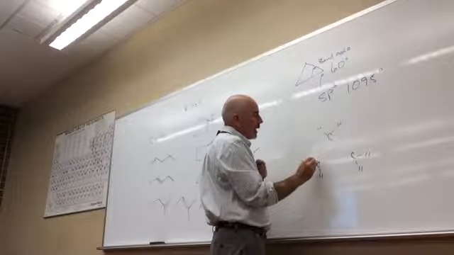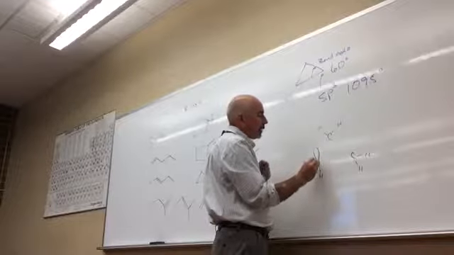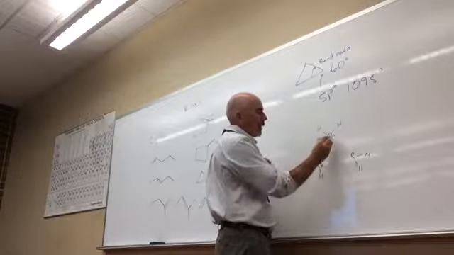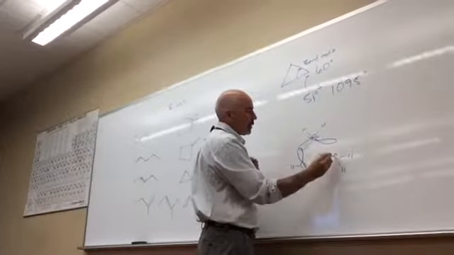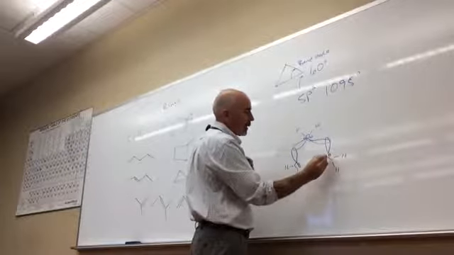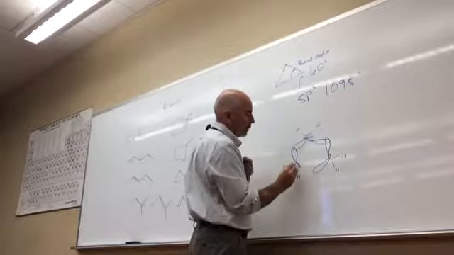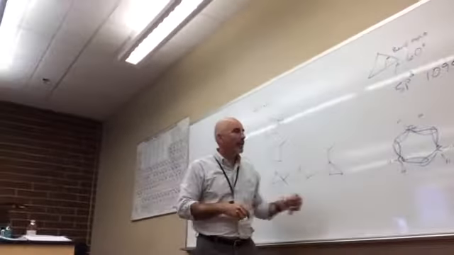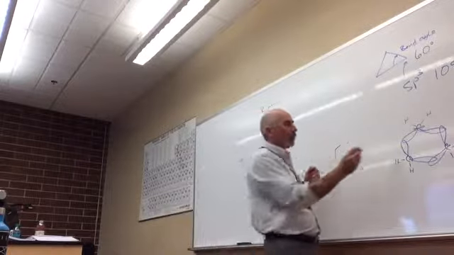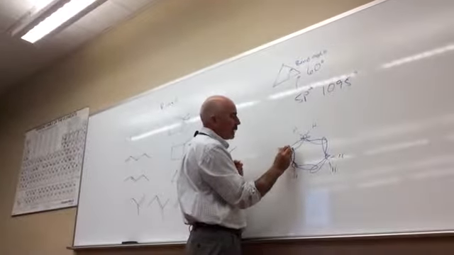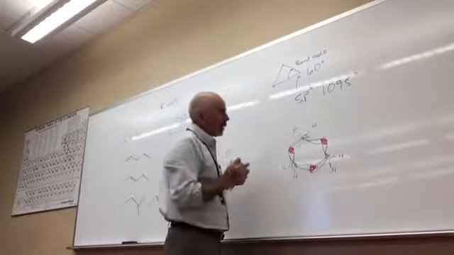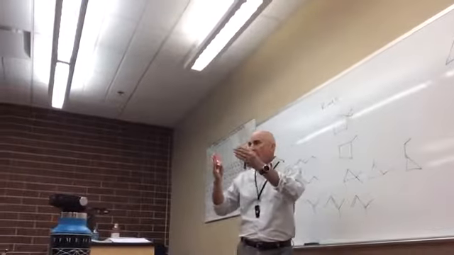But if I put them out like this, in my great little drawing here, and then look at the overlap between the orbitals, the overlap is not great. Maybe some in there, some in there. The overlap between those orbitals is not optimal.